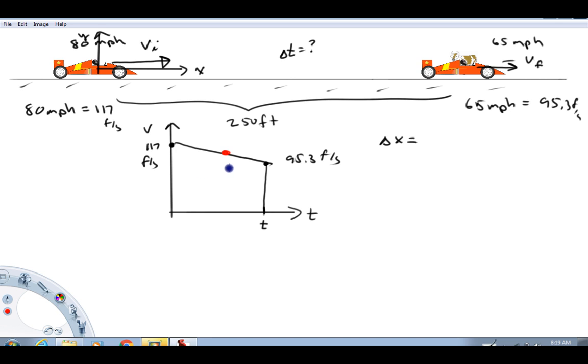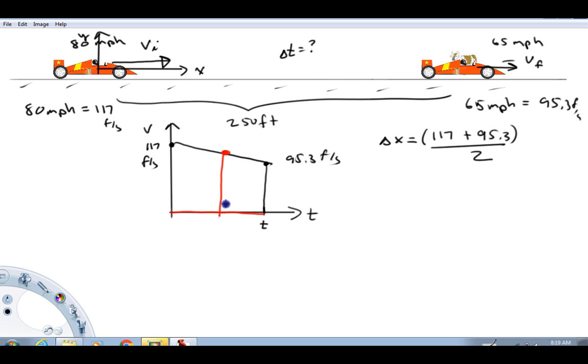And the area of the rectangle is just length times width, or the height. Here's the important thing. That height is less than 117, bigger than 95.3. In fact, it's the average of the two. So, the height of the rectangle is going to equal 117, I'm going to leave the units off because I'm running out of room, plus 95.3 over 2.